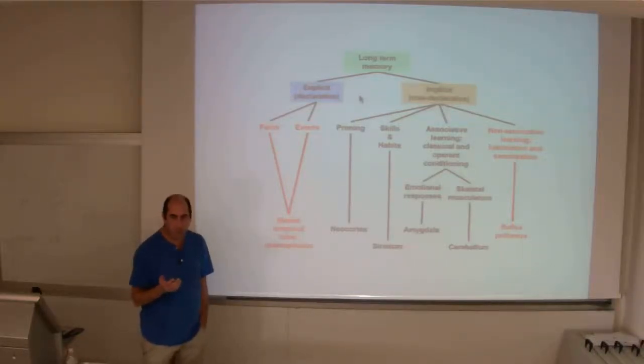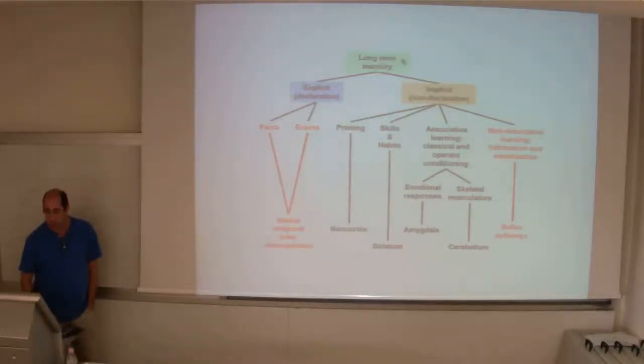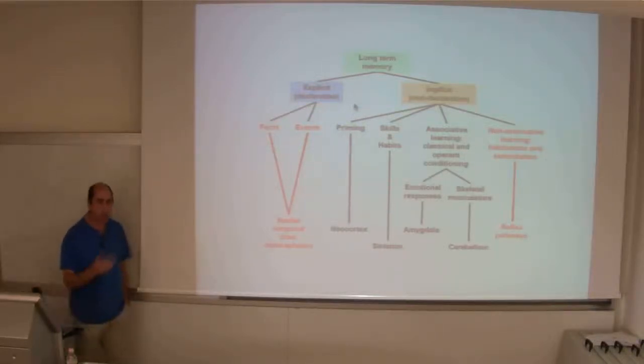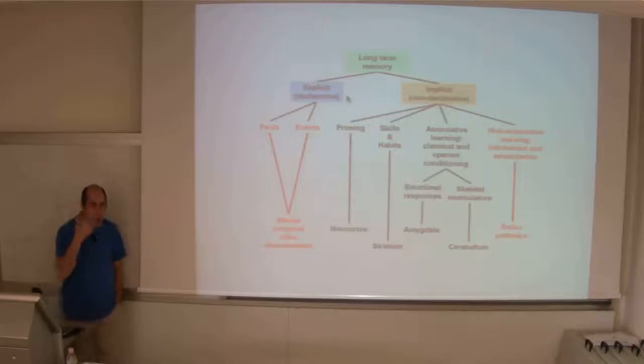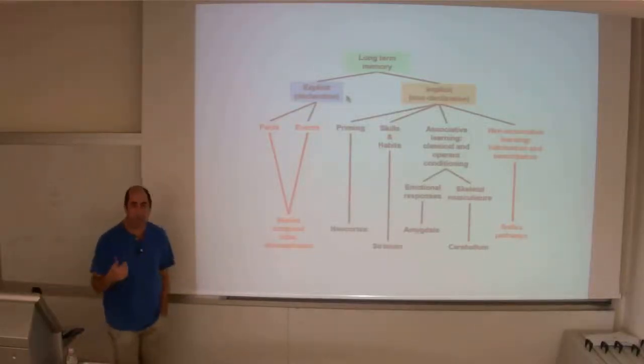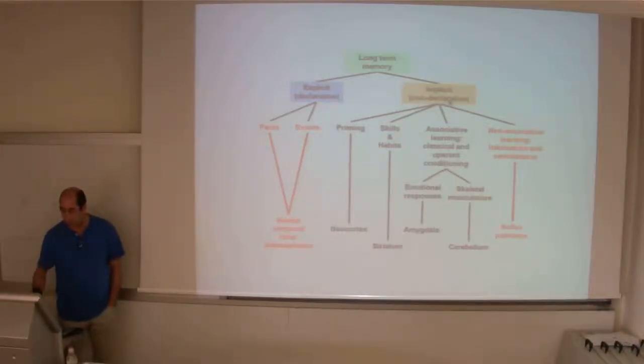So you probably talked about all kinds of different memories. Without getting into all the details, you know that you have long-term memory and short-term memory. Long-term memory you can split into explicit, which means that you can actually say what you remember, and implicit, which is things like motor skills that you can show are there. Priming, did you talk about priming? So you know the process of priming.